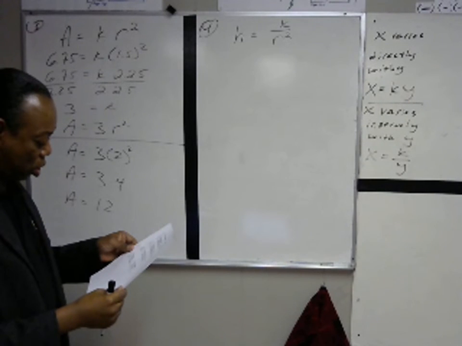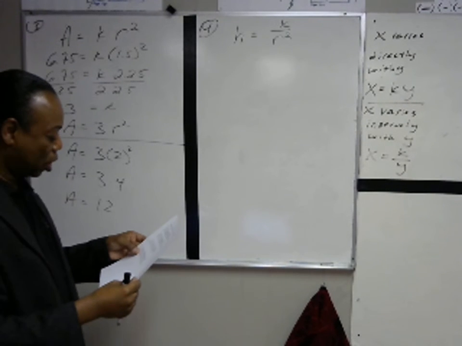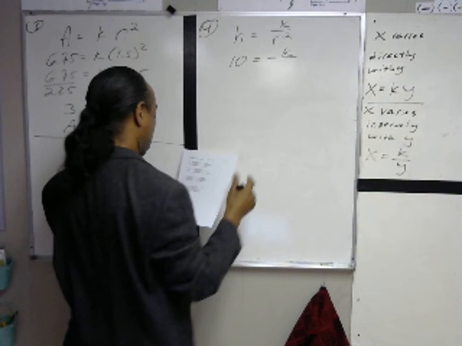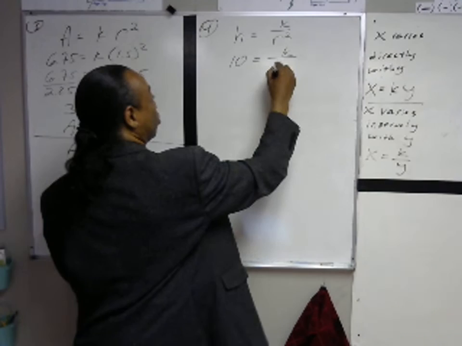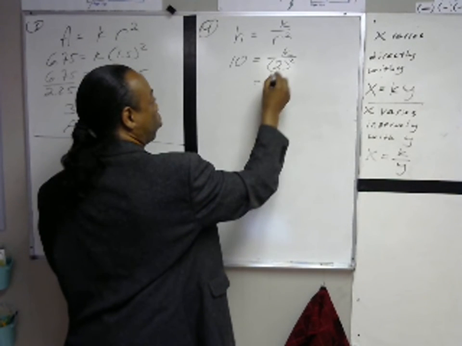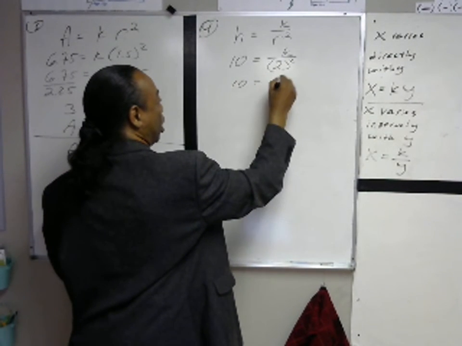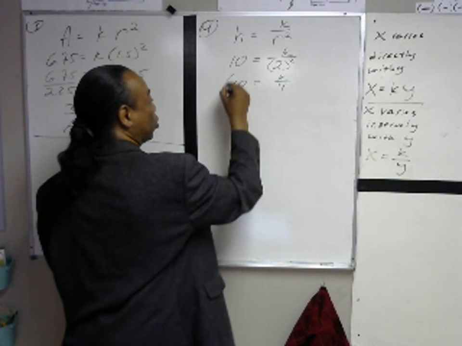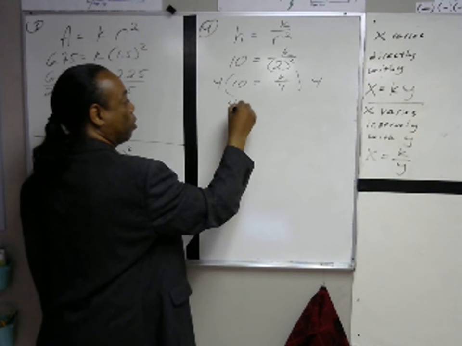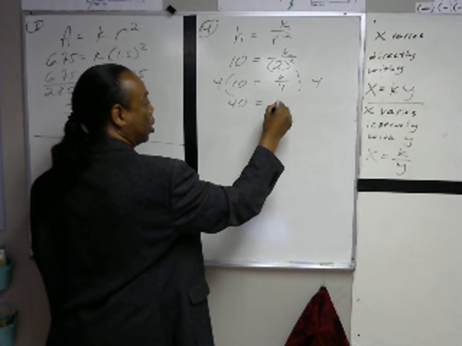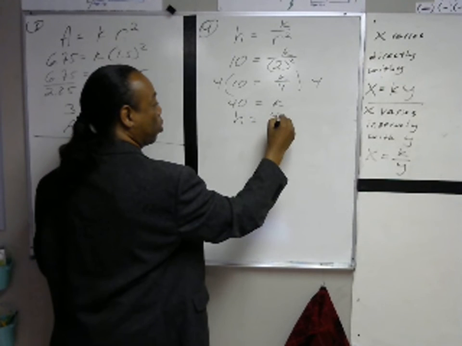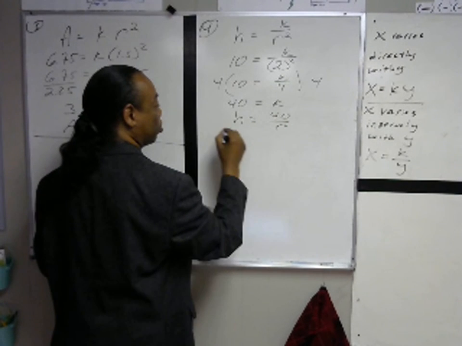So that's what we're calling to preserve the volume. So we're told that the height is 10 and the radius is 2. So when I square this, I'm going to get K over 4. Then I multiply both sides by 4. So we get 40 equals K, which implies that the height is equal to 40 over r squared.